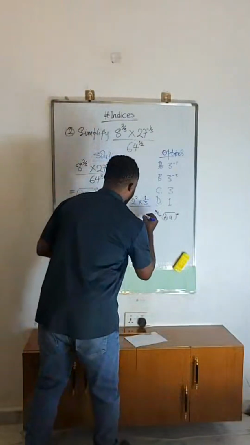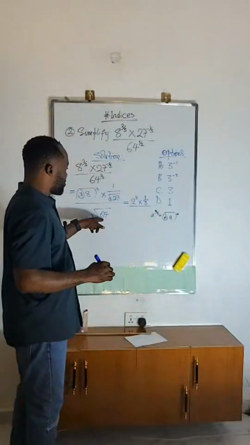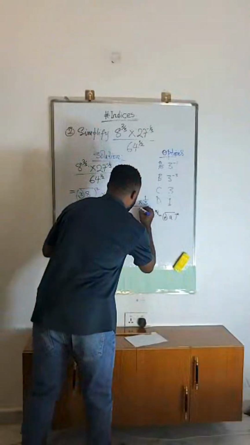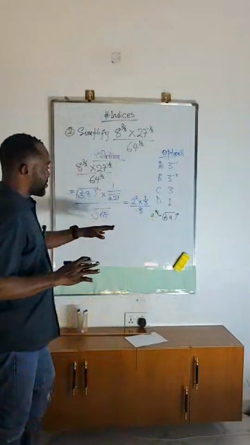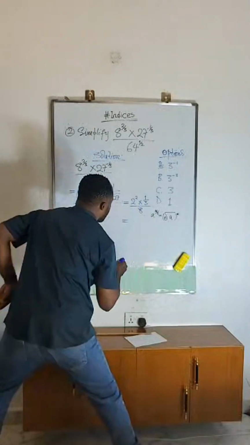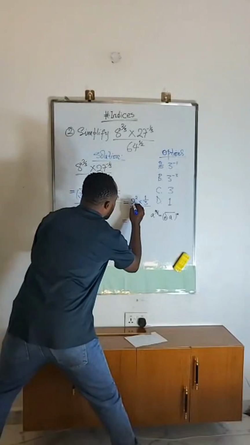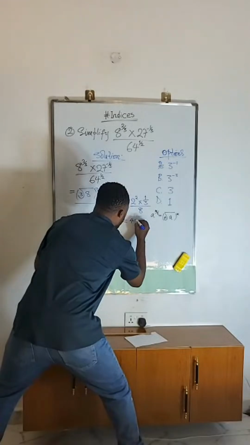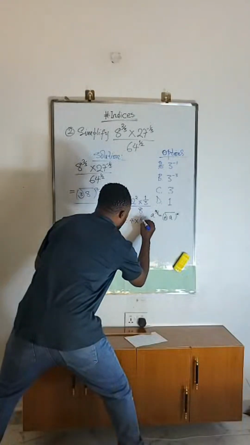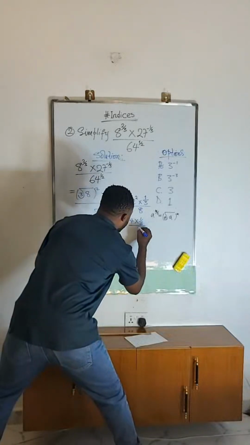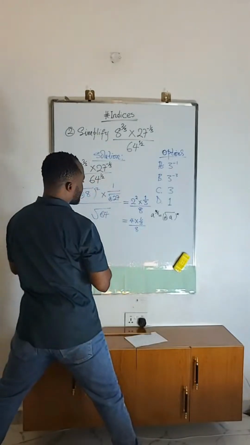And then divide by the square root of 64, which is 8. In the next step, 2 raised to the power of 2 is 4, multiplied by 1 over 3 and then divided by 8. Is that okay?